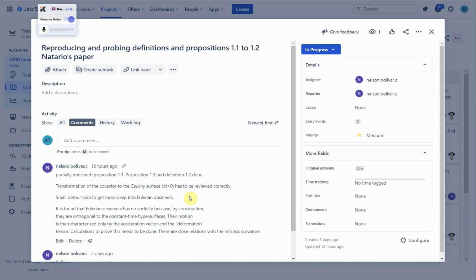And then he starts making some definitions for space-time, making some proposals, in fact, a theorem. And what I'm doing is reproducing these propositions and definitions from Notarios's papers, in as much detail as I can. I mean, these are mathematical proofs.